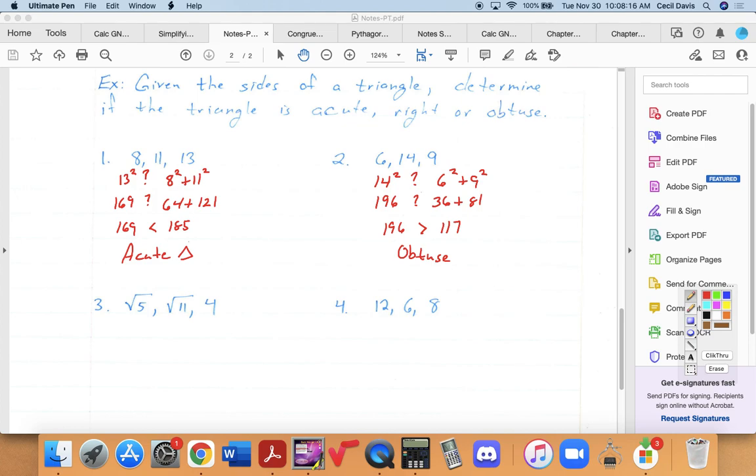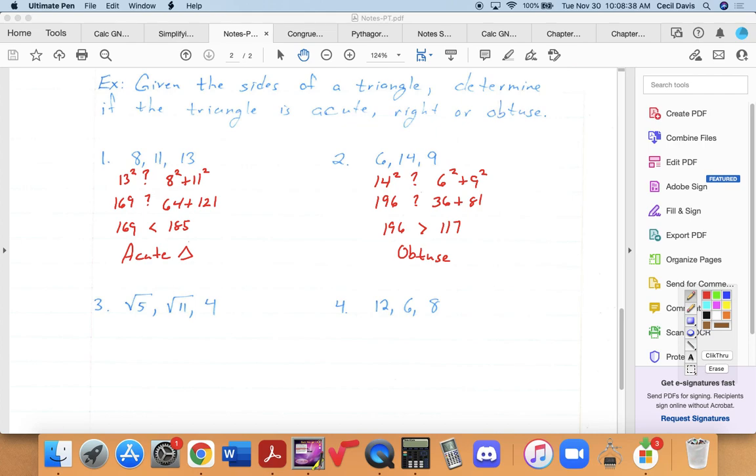Next one's a little bit harder because it's not immediately obvious which one is the biggest side. 11 and 5 are prime numbers. Right.